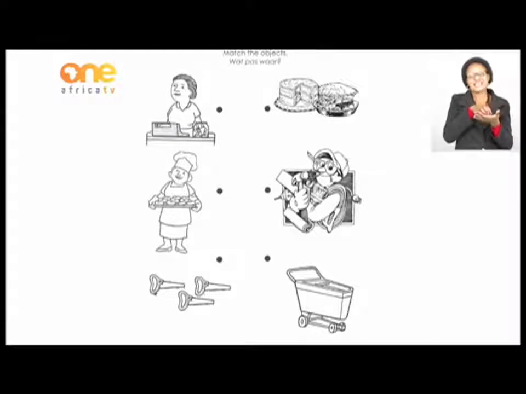So, which picture helps us to know that this woman works with what? Well done, my children. It is the cake and the pies. I'd like you to please take your color or your pencil and connect the two dots for the woman who's at the bakery and the delicious cake.